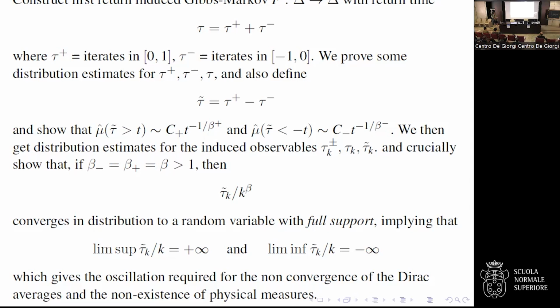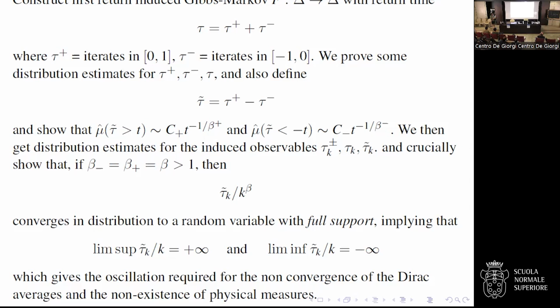If this difference is large, both positively or negatively, that means you're spending much more time on the left or much more time on the right, right? For the final result, this turns out to be the crucial quantity, and we have some distribution estimates for these. These are all positive observables, whereas this is a signed observable that can be both positive and negative, right? And we have these distributions for tau tilde in positive and negative time.